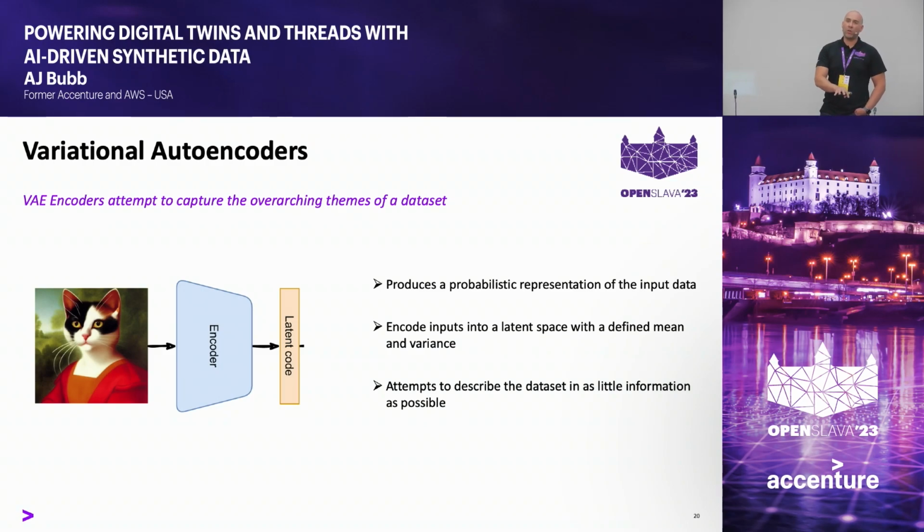But what the encoder tries to do is to tell the story in as few words as possible without losing any of the context of that story. In this case, take an image and reproduce that image with as few strokes as possible, as few bits of information as possible. So it's almost what it is, but it isn't what it is.